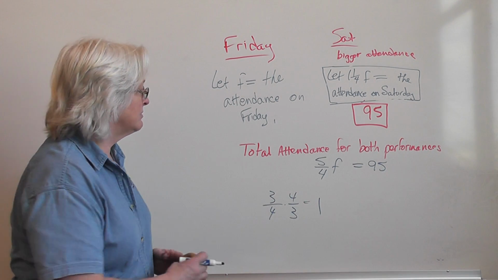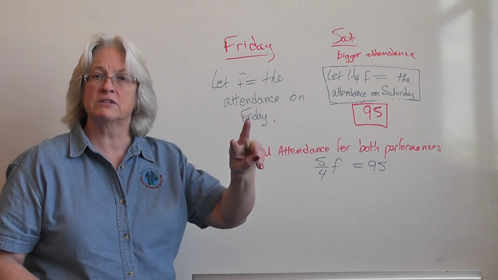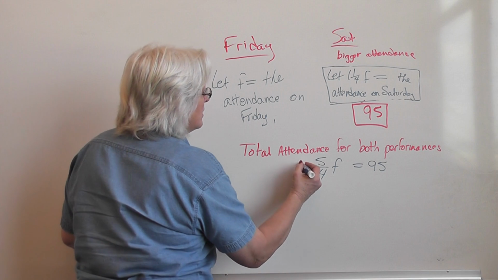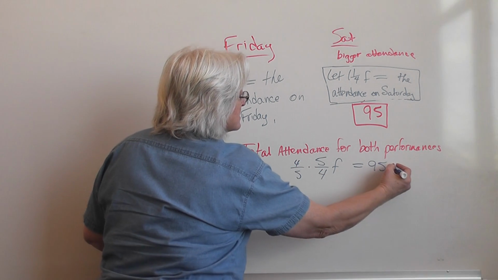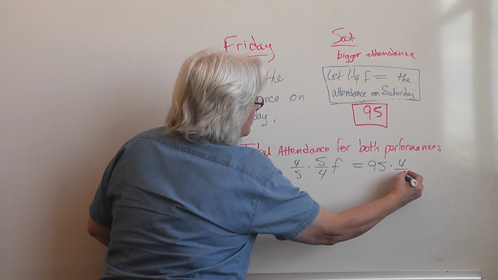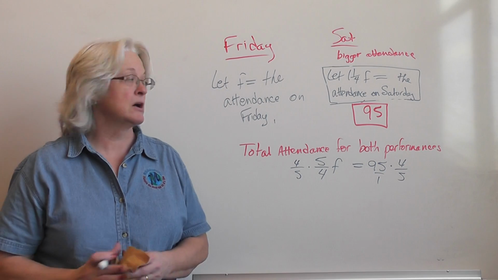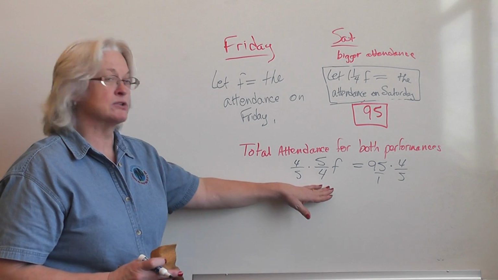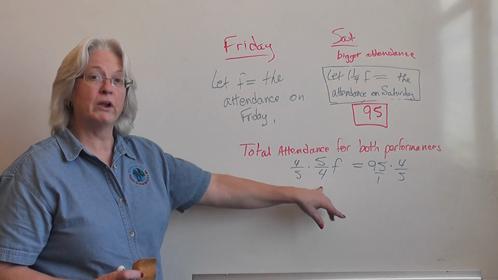So what's going to be the reciprocal of 5/4? Turn it on its head. 4/5 times 5/4. And what we do to one side of the equation, we have to do to the other side as well. And now we have 1F on this side.